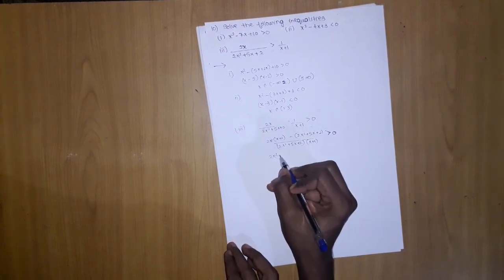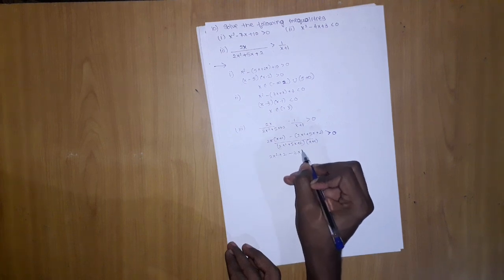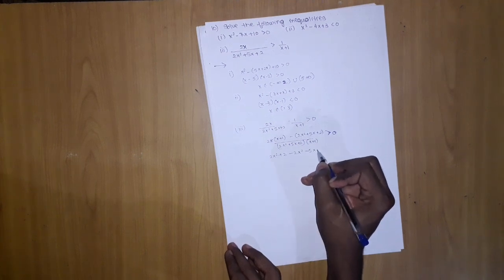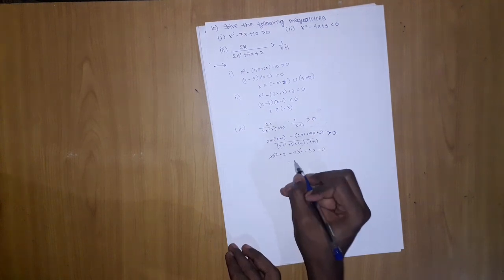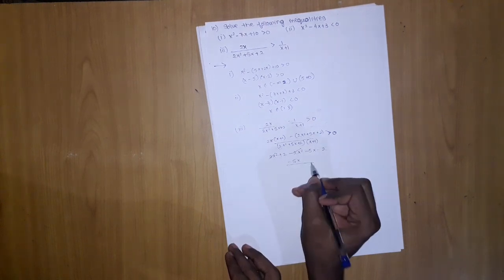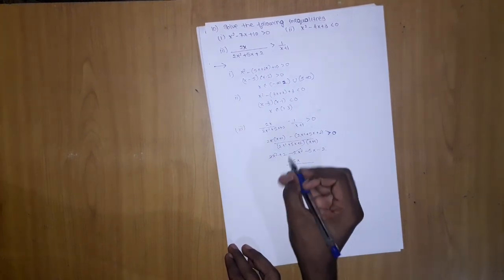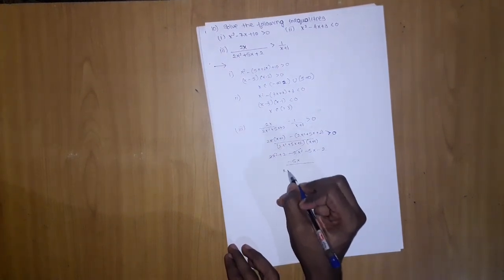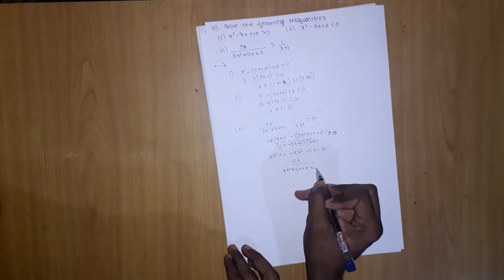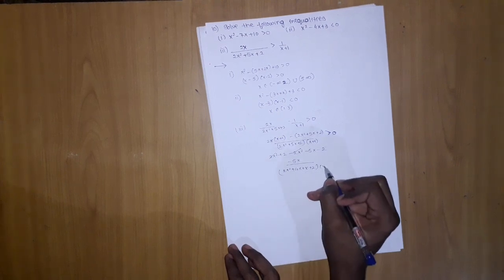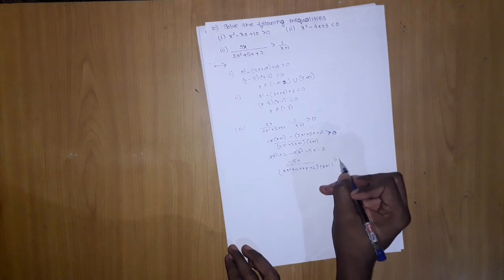It will become 2x square plus 2x minus 2x square minus 5x minus 2, these 2 will cancel out, and here we get minus 5x only, upon, if we simplify this, it can become 2x square plus 4x plus x plus 2 into x plus 1, it should be greater than 0.